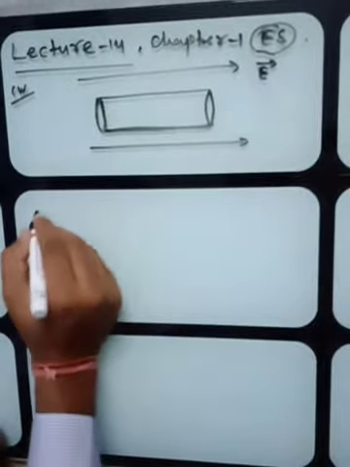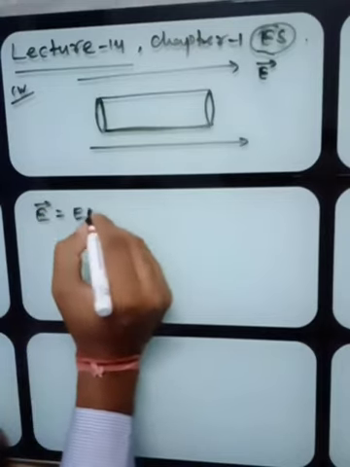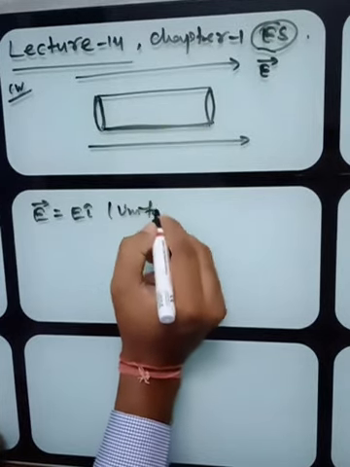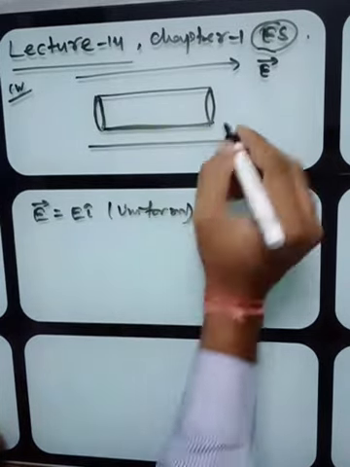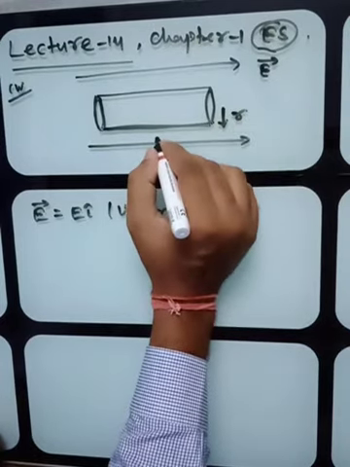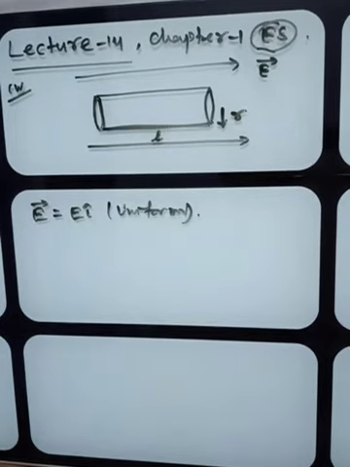Here E is the uniform electric field along the x-axis, uniform. Okay, now the radius of the cylinder is R and the length is L, the cylinder having the length L, and R is the radius.